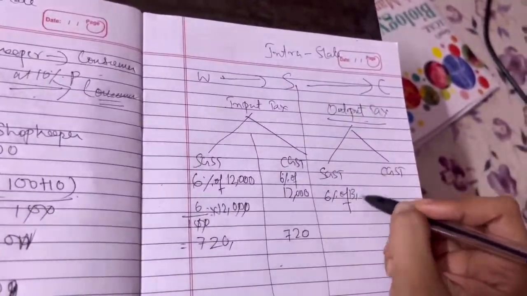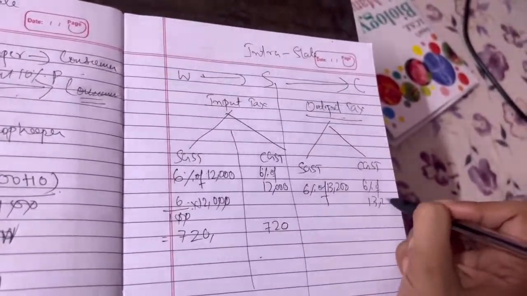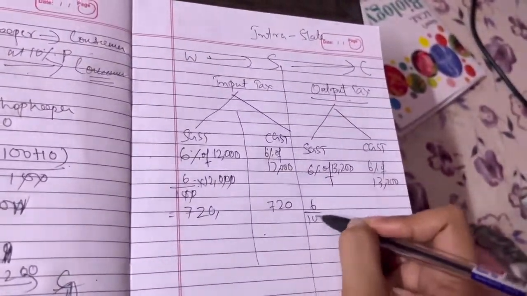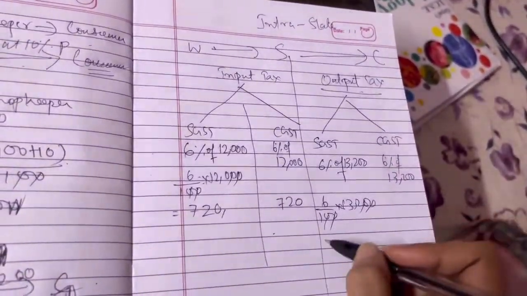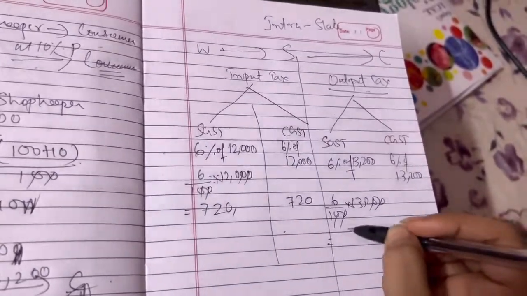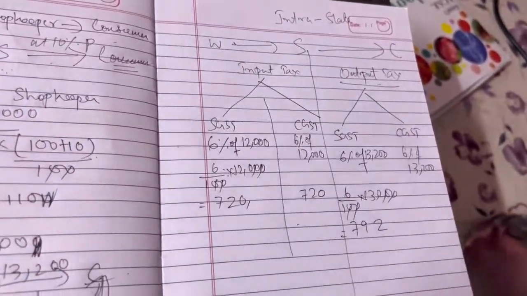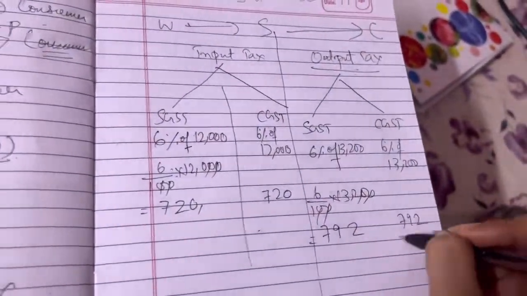The purchasing price of the consumer is 13,200. So the tax will be based on the purchasing price. So 6 by 100 into 13,200, the 100 gets cancelled. 6 2s are 12, 6 3s are 18, plus 1 is 19, 6 1s are 6: 792. Again here the same thing, 792.